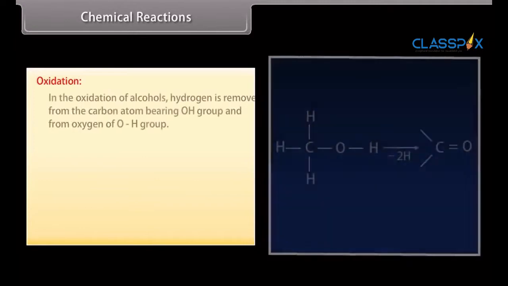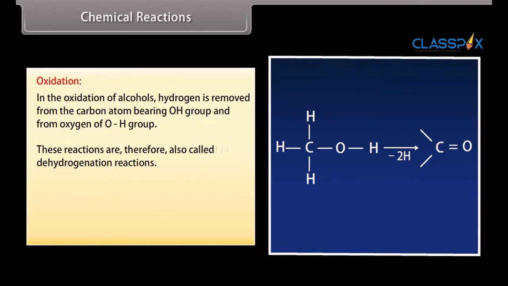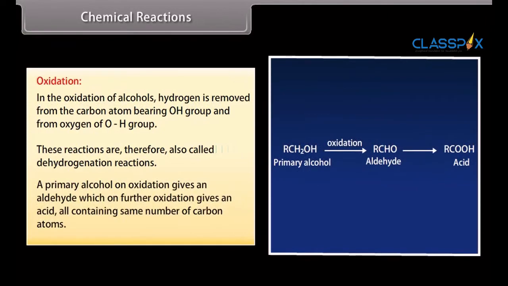Oxidation. In the oxidation of alcohols, hydrogen is removed from the carbon atom bearing OH group and from oxygen of OH group. These reactions are, therefore, also called dehydrogenation reactions. A primary alcohol on oxidation gives an aldehyde which on further oxidation gives an acid, all containing the same number of carbon atoms.